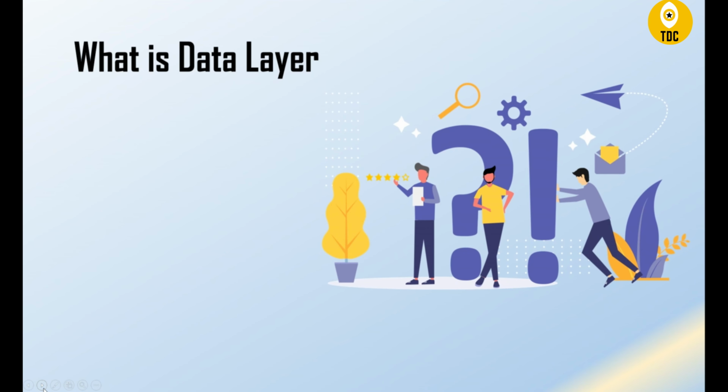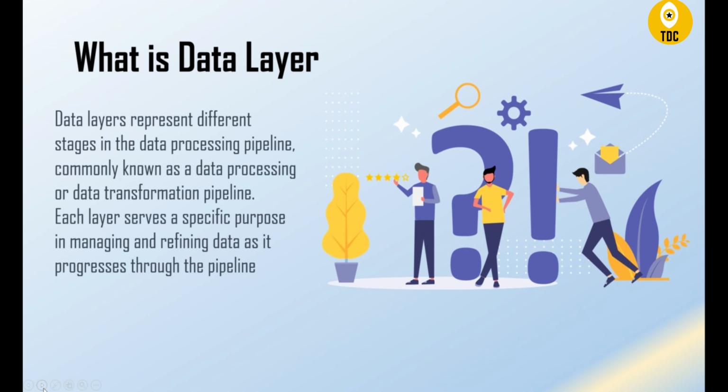So now, what is a data layer? A data layer represents different stages. When you design a data pipeline and bring the data from the source to the target, a data layer starts from the source and ends with the destination. That means it is the entire journey of the data from start to end. When you design ingestion, you start with connectors and connect to the source systems, and after you get the data inside, what exactly do you do with the data, what is the journey of that data?